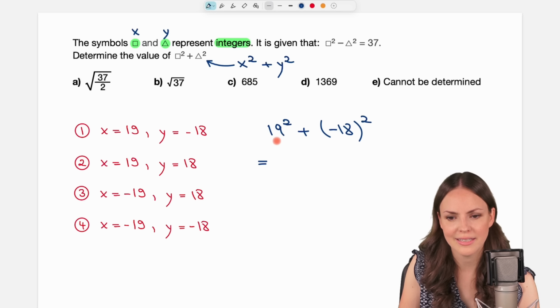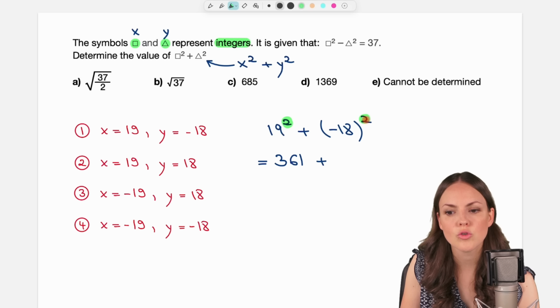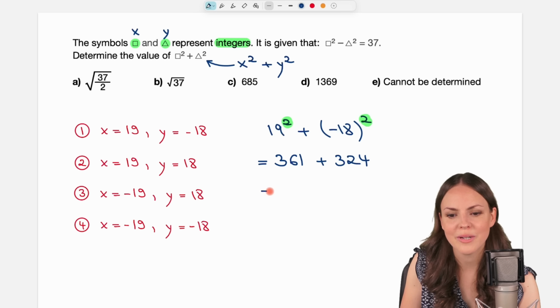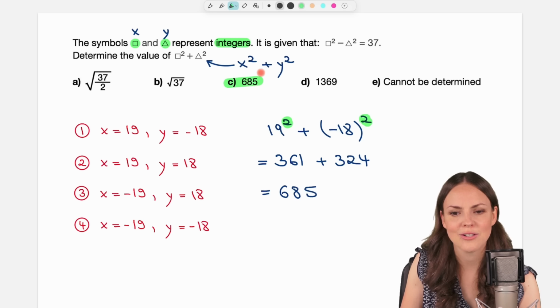And if we calculate this now, 19 squared is equal to 361, and negative 18 squared is going to be positive, and 18 squared is 324. So if we add these numbers, we get 685, which is answer C.